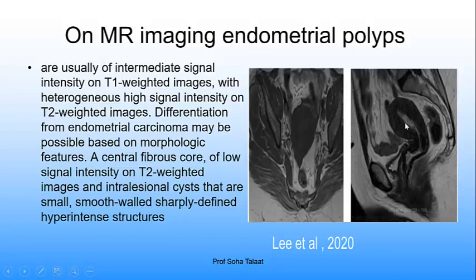This is a polyp, so it is high signal on T2, not low signal as the carcinoma, and we can differentiate it from endometrial carcinoma based on the morphological features, even if it is a small cancer. A central fibrous core of low signal on T2 and intralesional cysts, smooth, well-delineated structure, all this is with endometrial polyp rather than endometrial carcinoma.